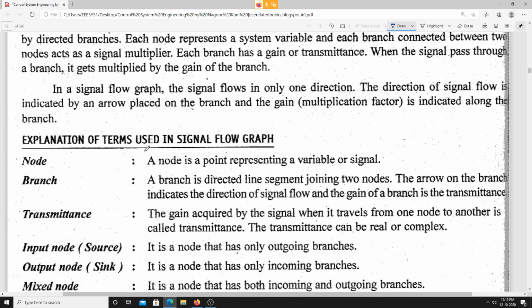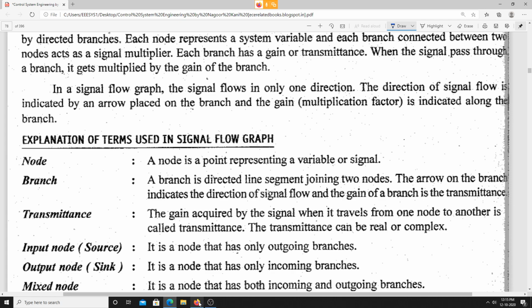So first of all, what is the node? We're going to discuss what a node is. Is it clear? A node is a point representing a variable or a signal. So it is a point which is used for representing a variable or a signal.